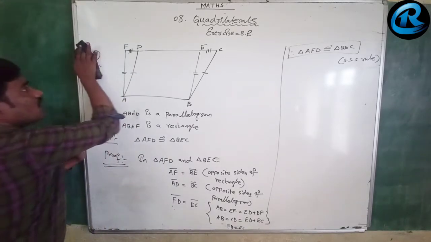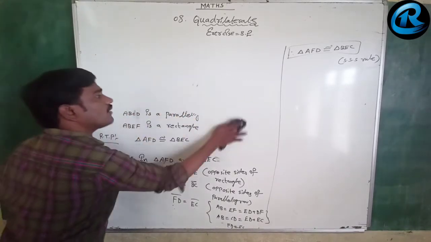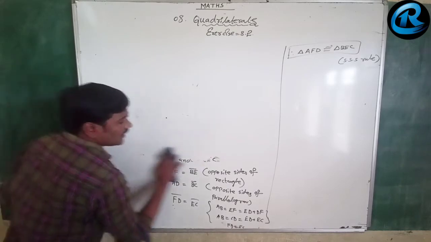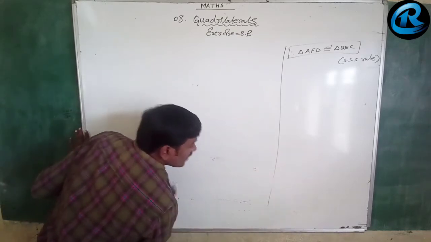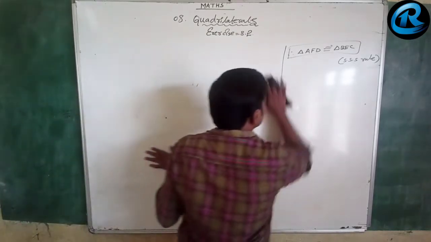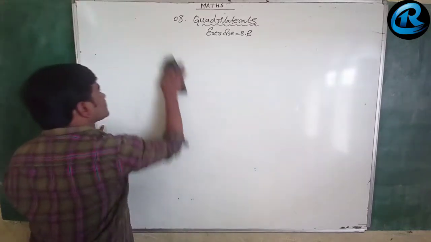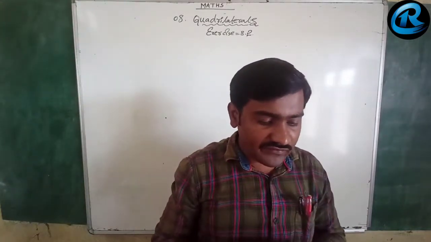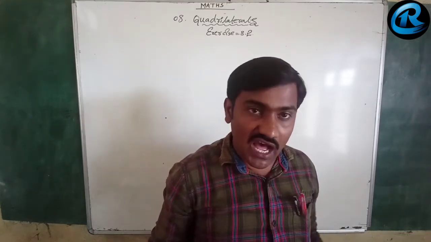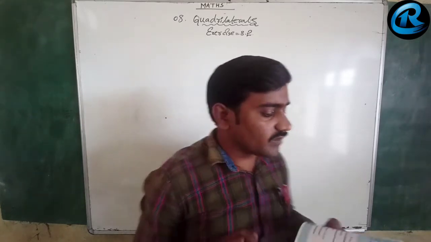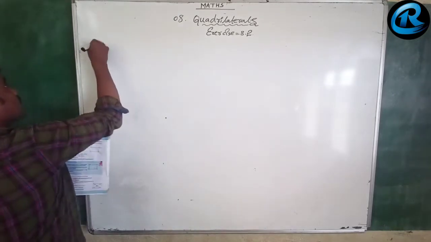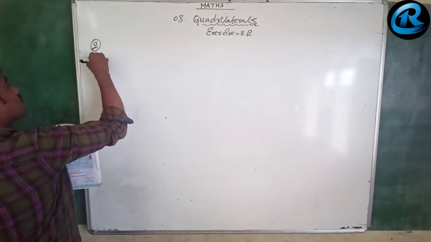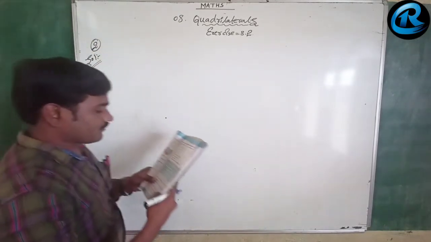Very simple: opposite sides of a parallelogram, opposite sides of a rectangle, and the remaining two parts also will be equal. So by the side rule, these two triangles AFD and BEC are congruent. So next one, this is the second one.